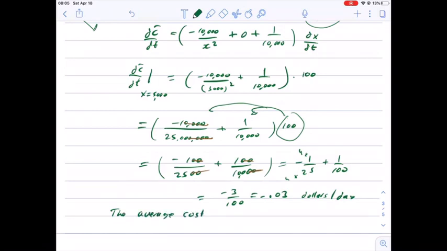So the rate of the average cost is decreasing because the derivative is negative. As we can see, if the rate of change is negative, that means the quantity is decreasing. So the average cost is decreasing by 3 cents per day.